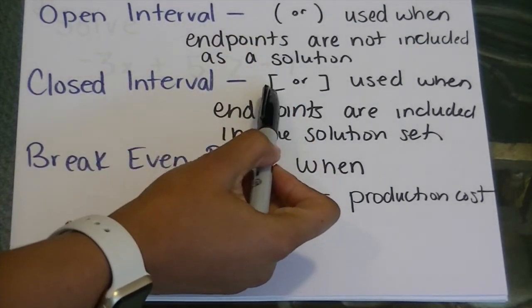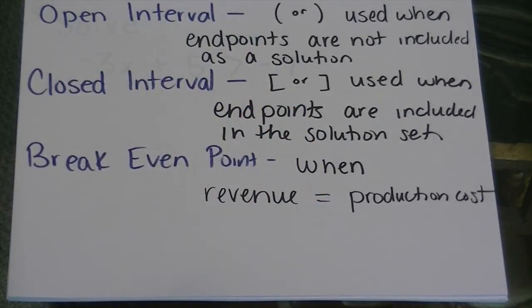A closed interval is when the endpoints are included. So if I say you can do anything from 0 up until 2, and you can include 2, you can have 2, but you can't go past 2. Like if I have $2 in my pocket and I'm buying something, I can spend all of my money.